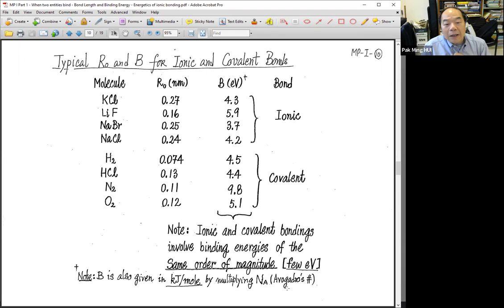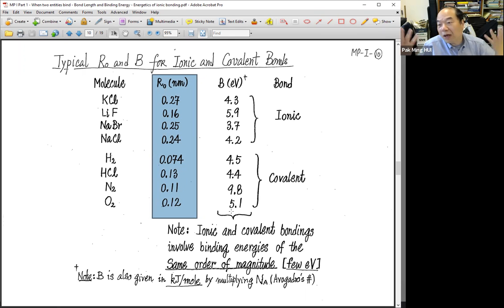So here, emphasize one more time, I show you some typical numbers of these two quantities. Bond length, again, you see 0.27 nanometer means 2.7 angstrom. So 2 angstrom, 3 maybe, okay? So you see the ballpark, 1 to 2 angstrom is about right.